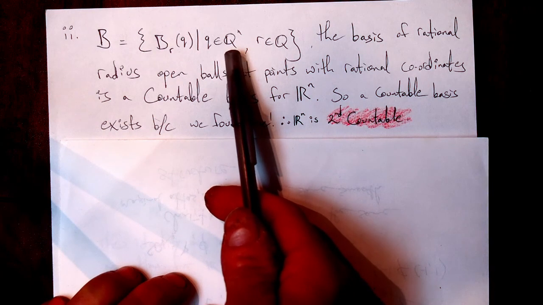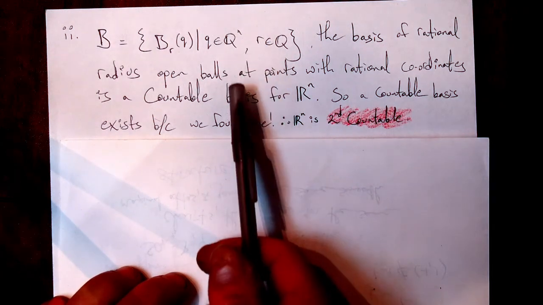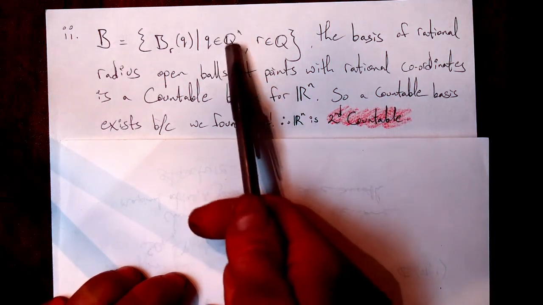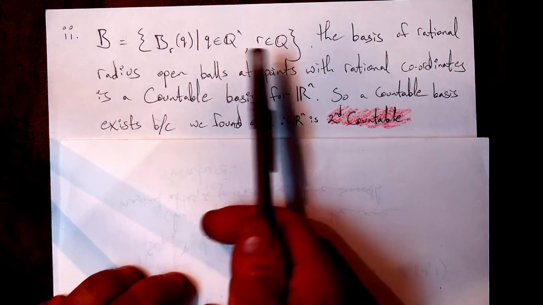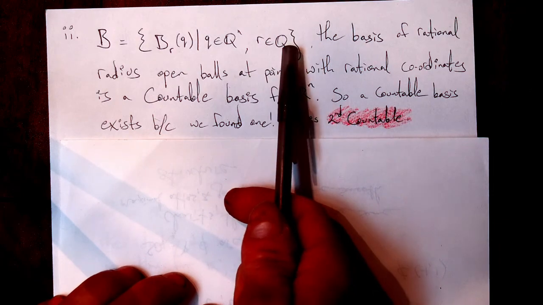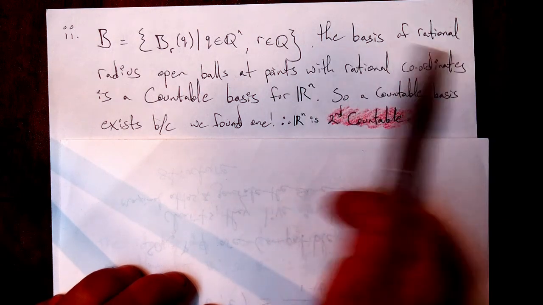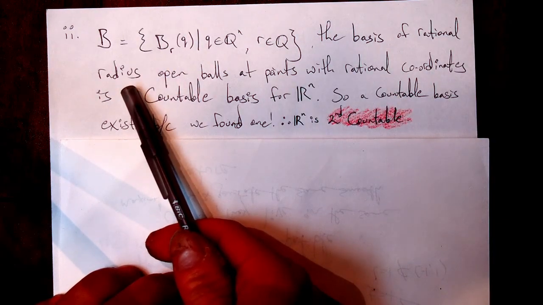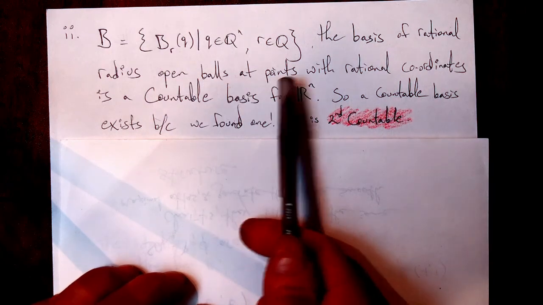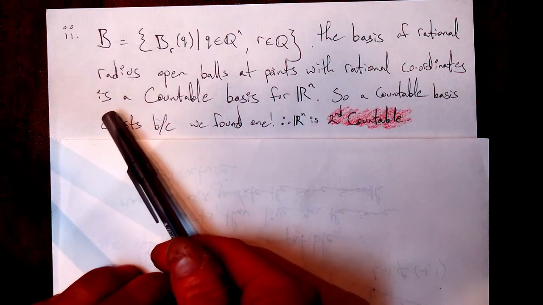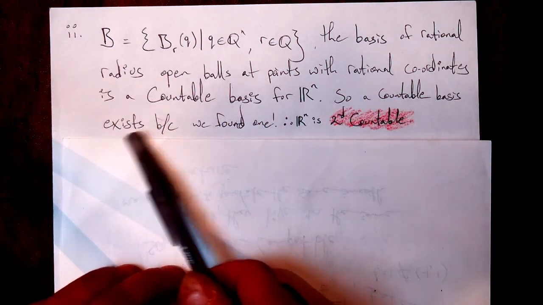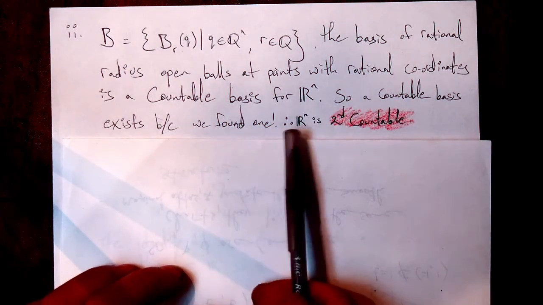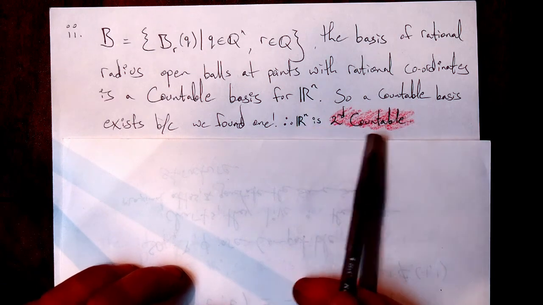All points in Rn are going to have n components, and each of the elements in that tuple are rational numbers, and each of the radii are rational numbers. So this is the basis of rational radius open balls at points with rational coordinates, and this is a countable basis for Rn. So a countable basis exists because we found one. Therefore, Rn is second countable.